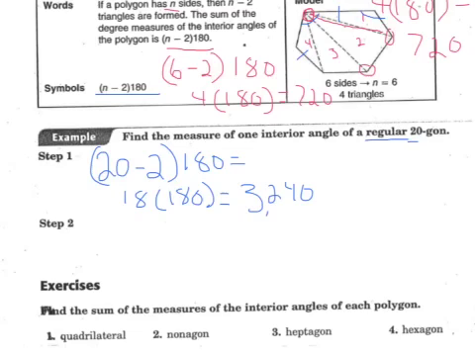So if we do 3,240 divided by the number of angles, which is going to be 20, a 20-gon has 20 sides and 20 angles, then we can find out exactly the measure of each angle. So 3,240 divided by 20 will tell us that each angle is 162 degrees.